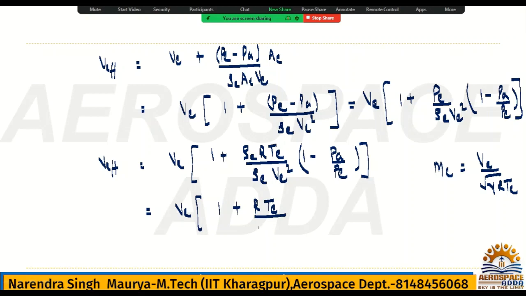VE square is nothing but ME square gamma R TE, in bracket 1 minus PA by PE. Now TE cancels out, R cancels out. Gamma RT, so here we can write gamma.